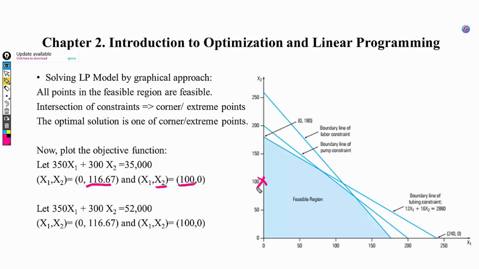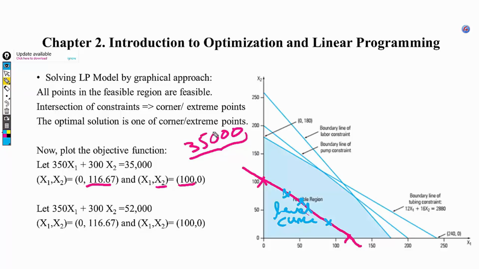So I get 100 and 0, this is the second point, and the first point is somewhere in this area. This line shows all the values for which my objective function is equal to $35,000. We call this line a level curve, and every point on this line has the same objective value of 35,000.